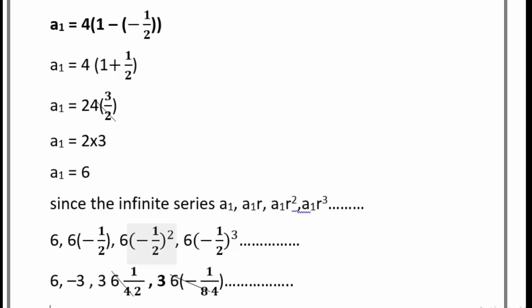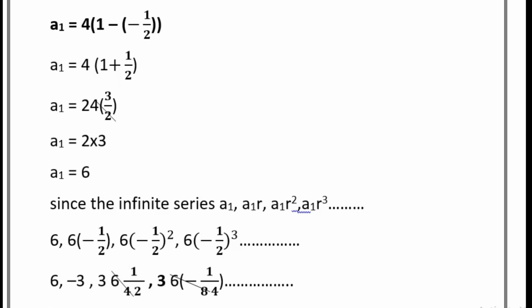Third term a1 r square is 6 into minus 1 divided by 2 whole square, which is 6 into 1 divided by 4, so 3 divided by 2. Fourth term a1 r cube is 6 into minus 1 divided by 2 whole cube, which is minus 1 divided by 8 times 6, so minus 3 divided by 4.